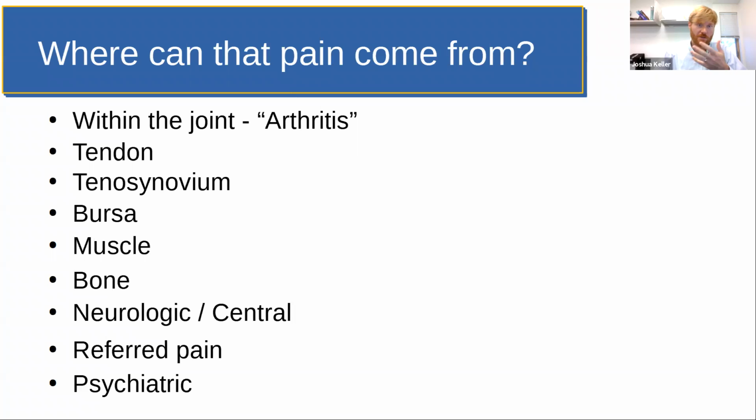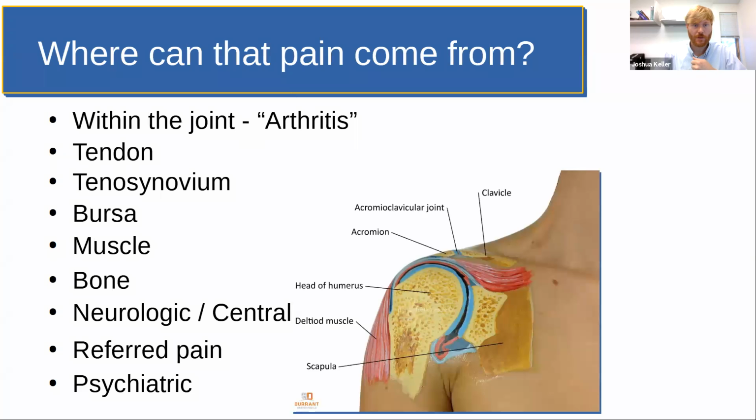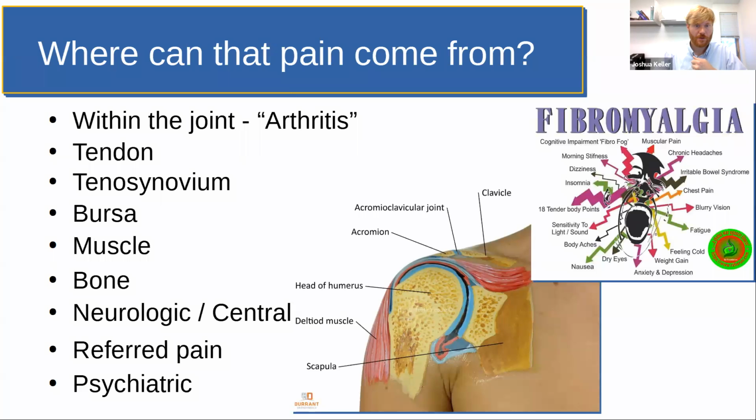And then, of course, psychiatric causes as well, potentially. This is just a good representation I found that showed the arthritis would be the joint, the cartilage, the synovium, versus the areas around it or central.